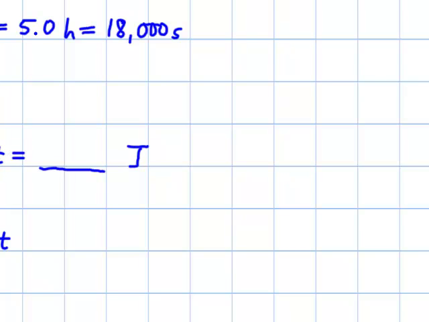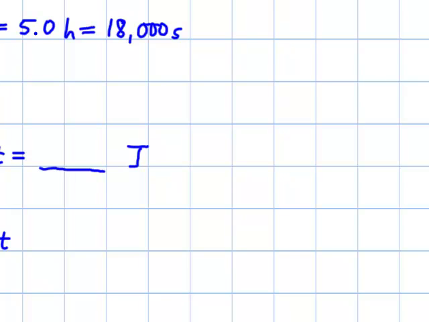Down here, I introduced that you can do it a second way. From the previous chapter, or the one before, you saw that electric potential energy equals charge times potential, so energy equals charge times voltage.